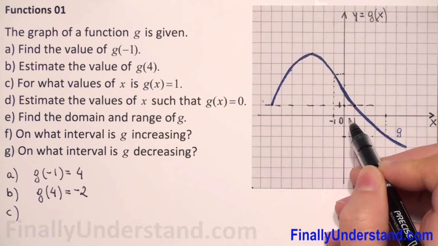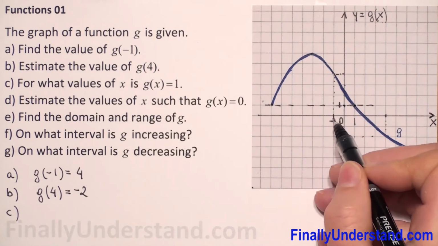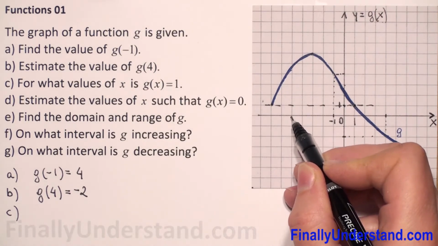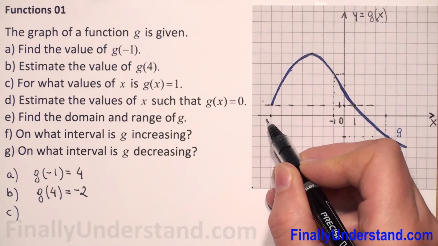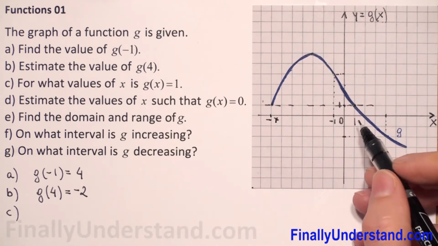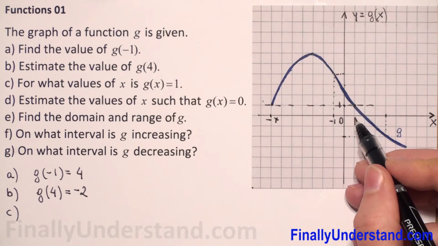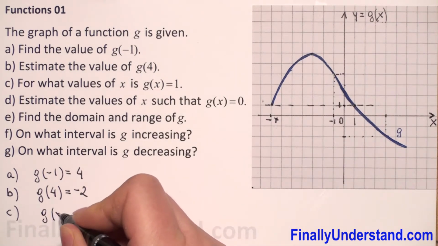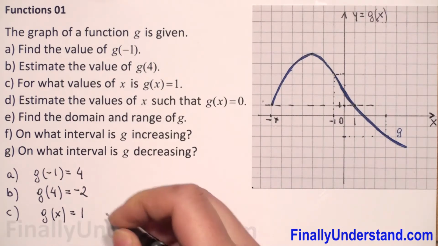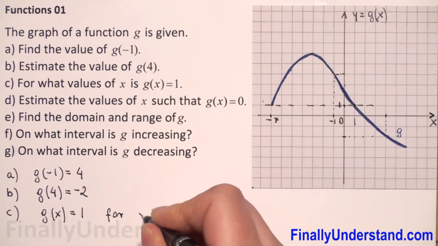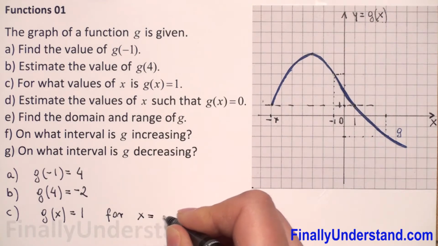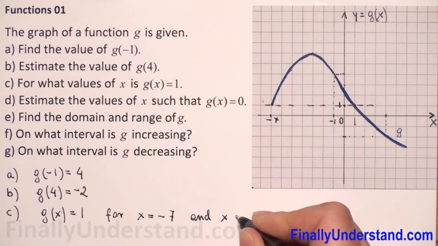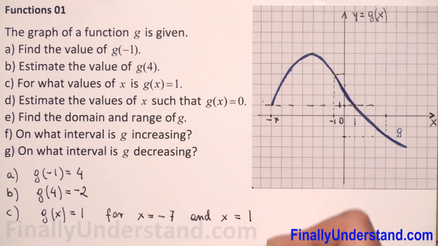So now we have to just read for which x. This is -1, -2, -3, -4, -5, -6, -7. It will be -7. And the second point is for 1. So we can write g of x is equal to 1 for x equals -7 and x equals 1.